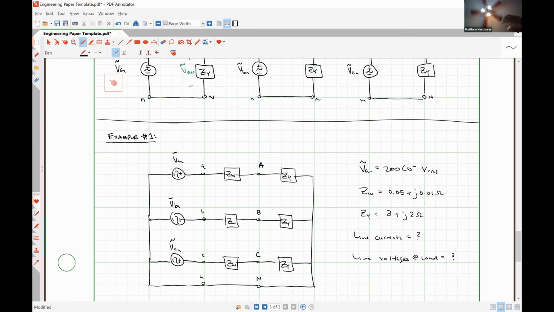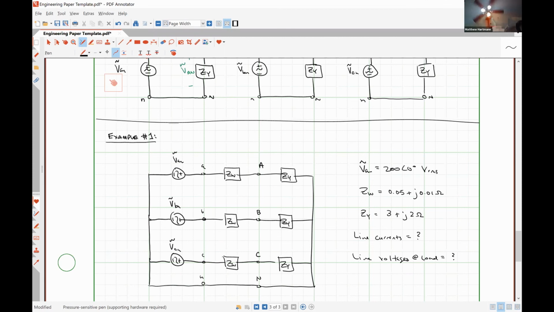I'm going to ask questions exactly like that. Tell me what your line currents are. Tell me what your line voltages at the load are. Tell me what the phase voltages at the load are. Tell me what your phase currents are, that kind of thing. I'm never going to ask you for specifically giving you a double subscript notation. And it's because knowing the specific value of one of them isn't particularly important. Again, once you know one of them, you know all of them.